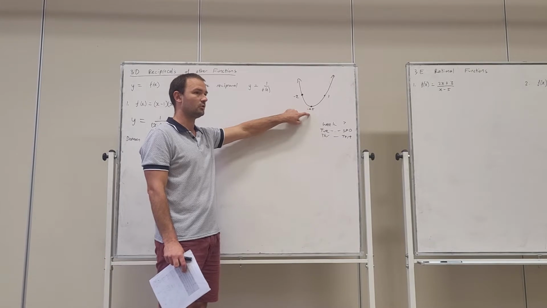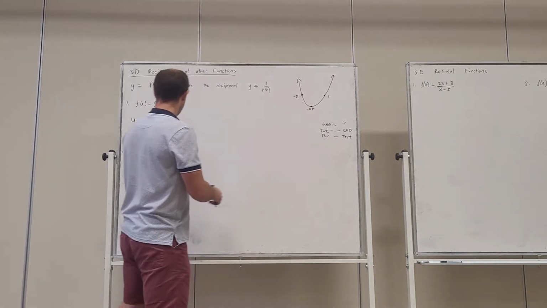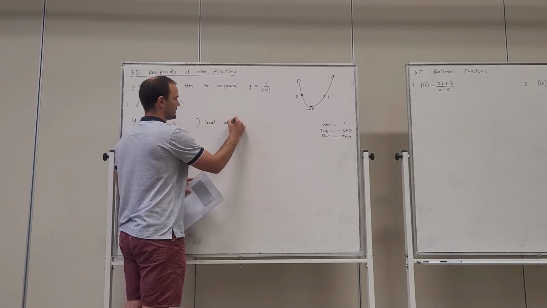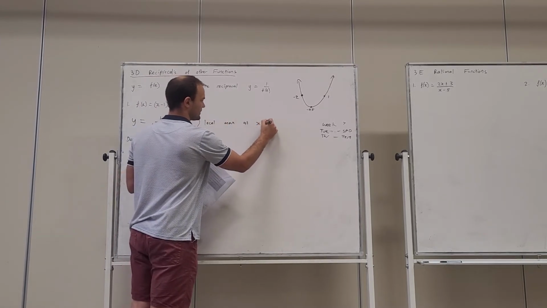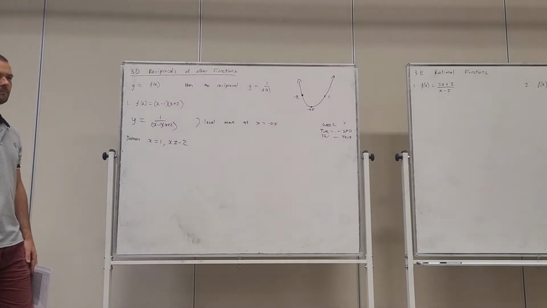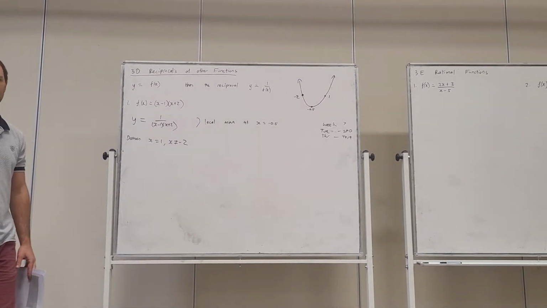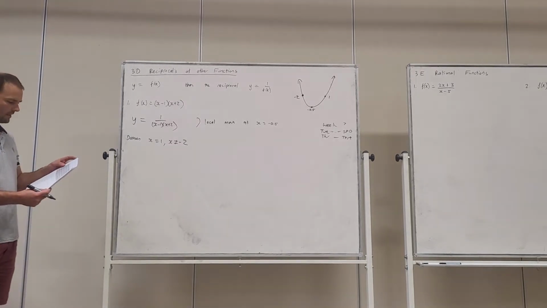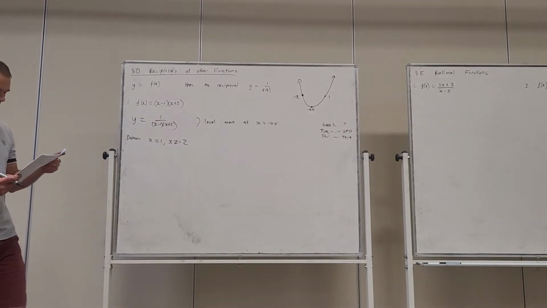We're going to use that in a moment. So on this function we have a local max at x is -0.5. All okay with how I've worked that out? We can just refer to our calculator, but I'm giving you the reasoning process behind it. That's from that second dot point here.